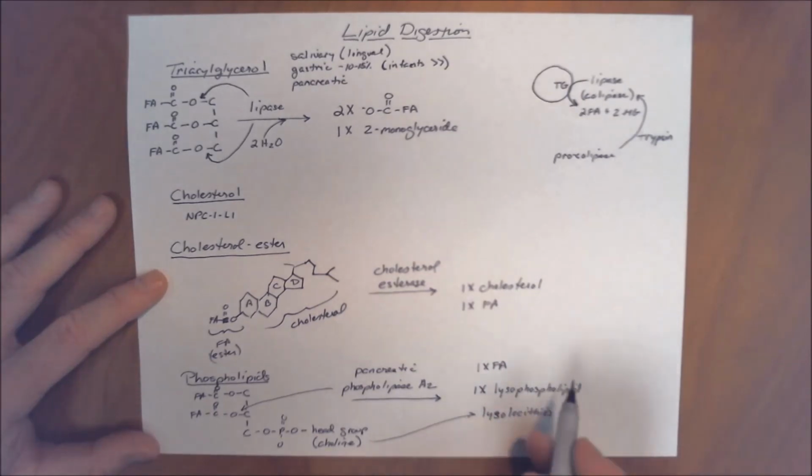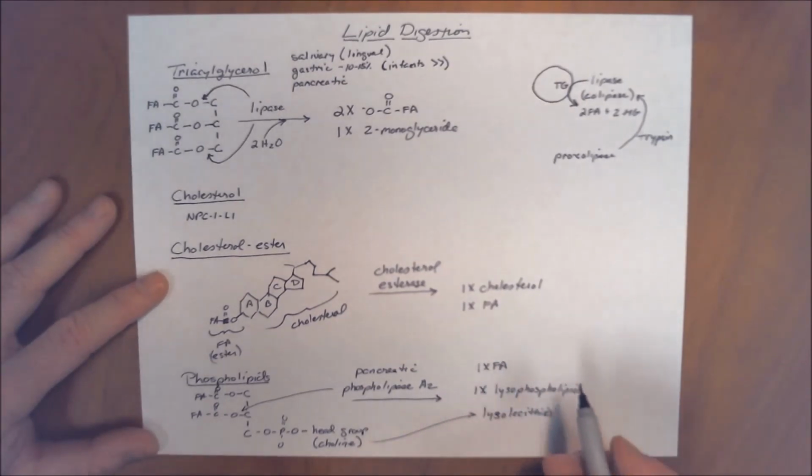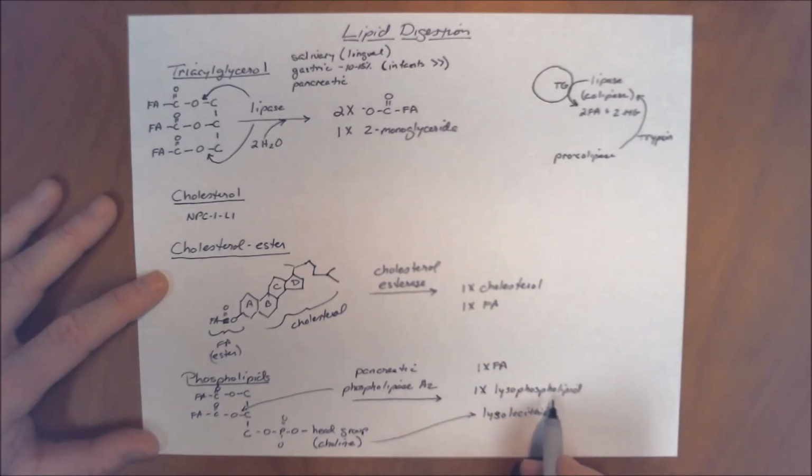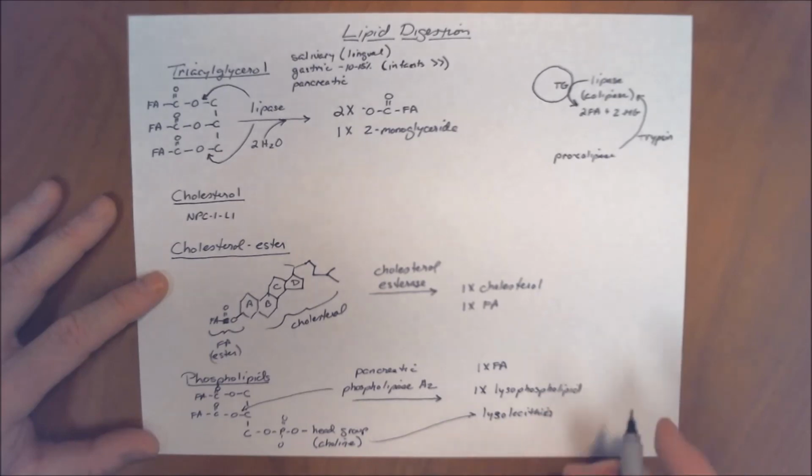Now what this actually does is it allows the fatty acid to be taken up, as we'll see in the next video. And the lysophospholipid, notice our principles here, is very similar to a bile salt.